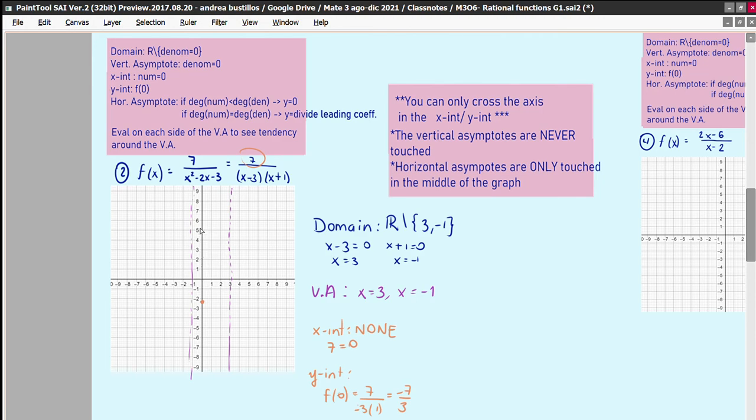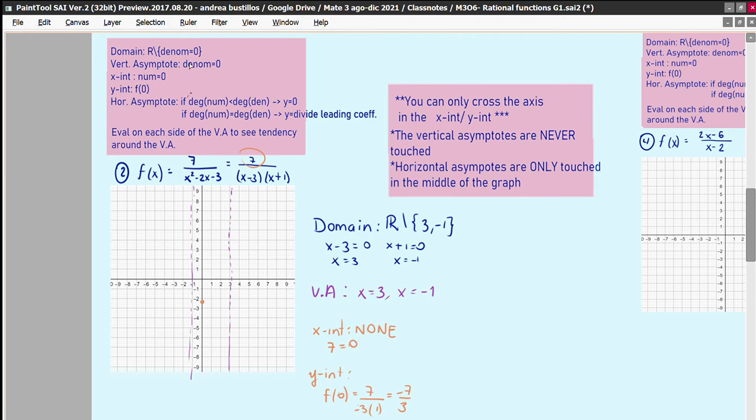Okay, the next thing we're going to find is the horizontal asymptote. Remember, to check the horizontal asymptote, we have to check the degree of the numerator and the denominator. The numerator is a constant, meaning the degree of this polynomial is 0. And the degree of the polynomial in the denominator is 2, because that's the highest exponent.